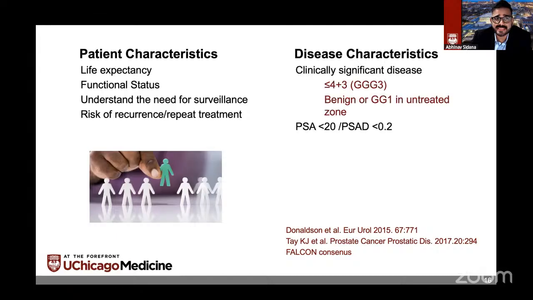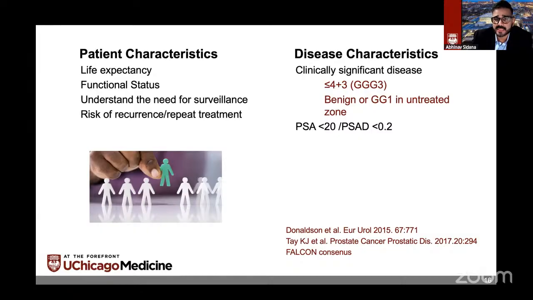In terms of disease characteristics, we offer focal therapy for patients who have only clinically significant disease with grade group 2 or grade group 3 prostate cancer. It's okay to have benign or grade group 1 disease in the untreated zone.